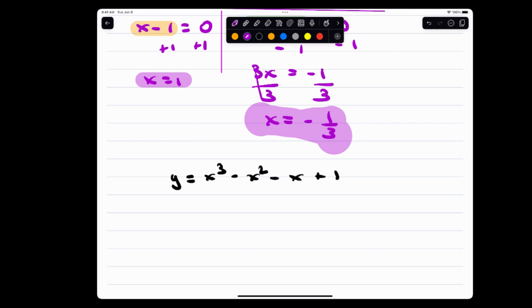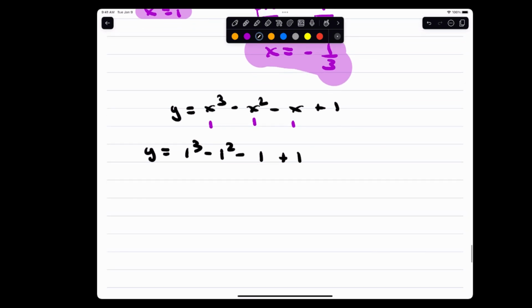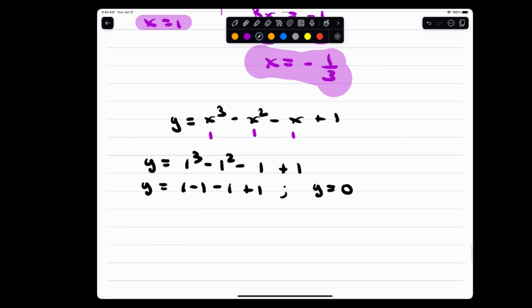So, if I plug in 1, plugging in 1 is nice because you now get y being 1 cubed minus 1 squared minus 1 plus 1. So we get 1 minus 1 minus 1 plus 1. I think that's 0. Is that true? Yeah, that's 0. So the first location would be x is 1, y is 0.